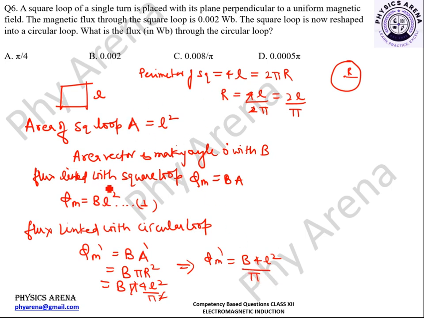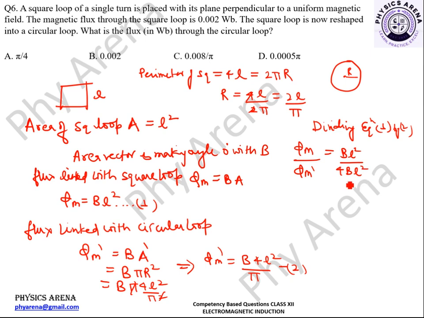Now we have to find out the value of this phi m dash in terms of the value that has been given to us. So let's compare these two. Just divide these two equations. So dividing equation 1 by 2, phi m divided by phi m dash will become B L square divided by 4 times B L square divided by pi, and this pi will go in the numerator.